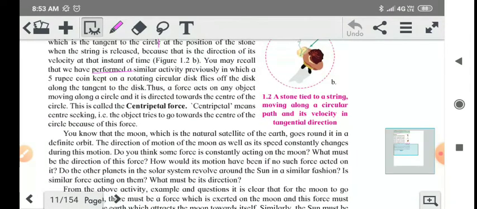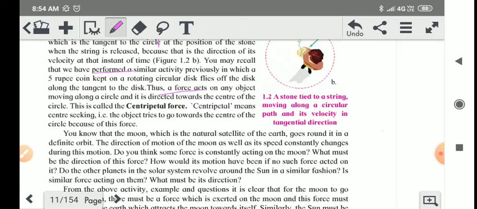Then see, thus the force acting on any object moving along a circle is directed towards the center of the circle. This is called centripetal force. So the definition for centripetal force is given, that is, a force acting on any object moving along a circle and directed towards the center of the circle.